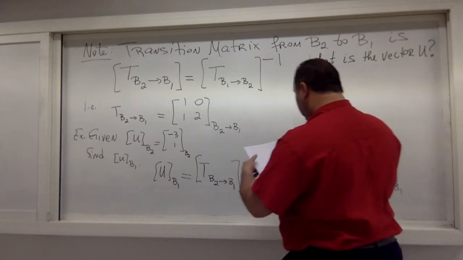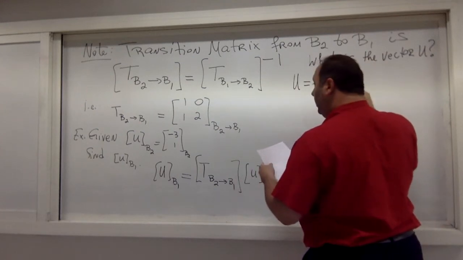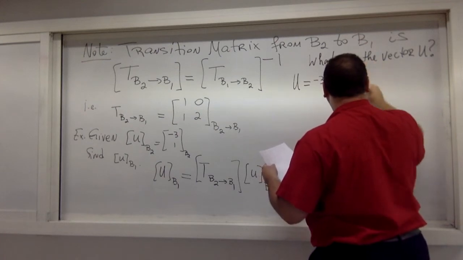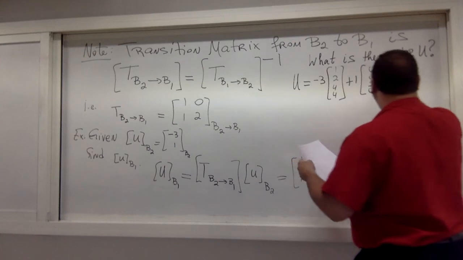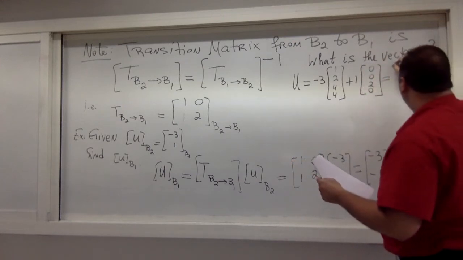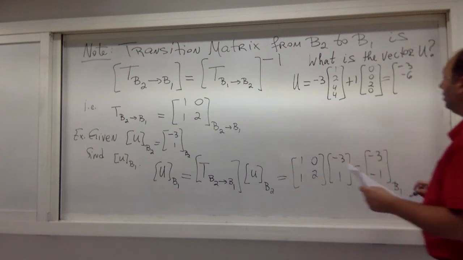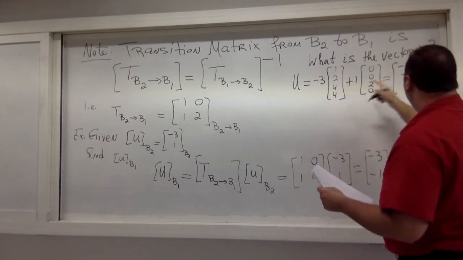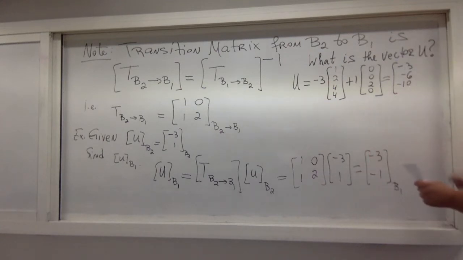It's expressed in B2. So B2 was 1, 2, 4, 4. And it's plus 1 times the second vector of B2, which is 0, 0, 2, 0. So we compute this, and we get minus 3, then we get minus 6, then we get minus 12 plus 2, get minus 10, then we get minus 12.